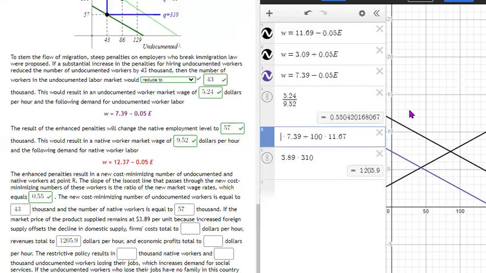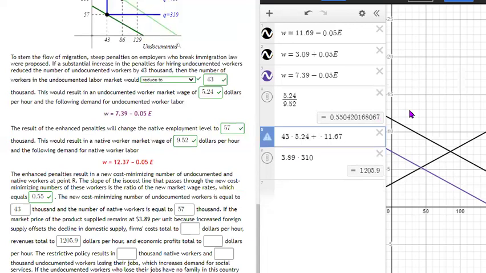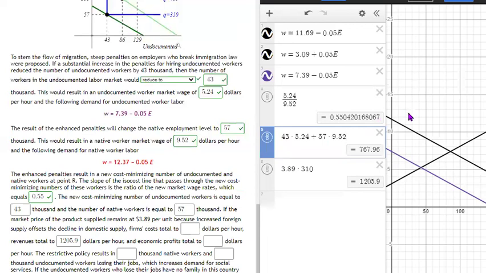Only 43,000 undocumented workers are hired, at this lower wage of 5.24. And 57,000 native-born workers are hired at a lower wage of 9.52. The cost is 767.96.